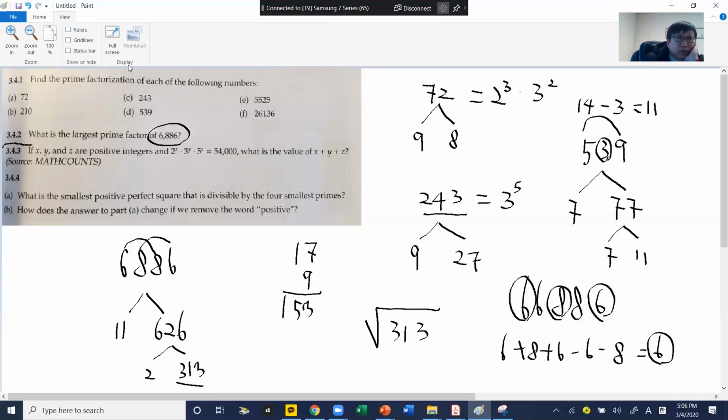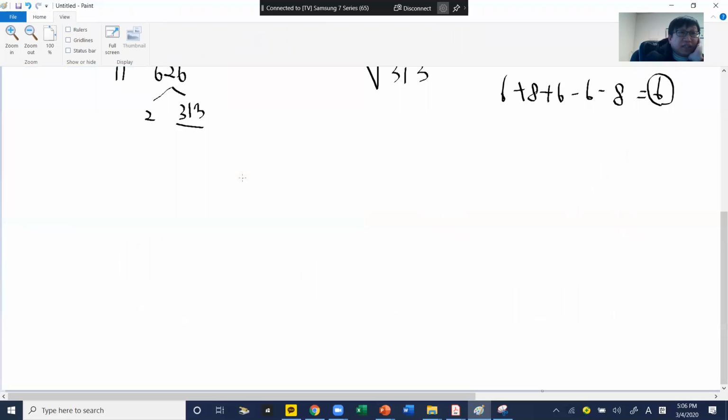So you have to know the perfect square numbers, okay? I can give you 15 squared. You know this one, right? 225, right? 16 squared. 296. What number did you add up to get the 296?